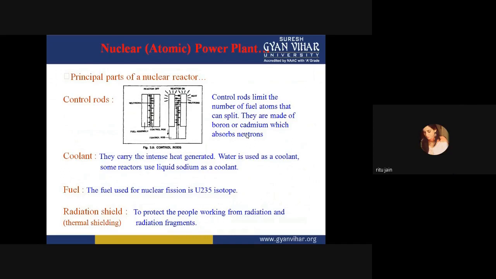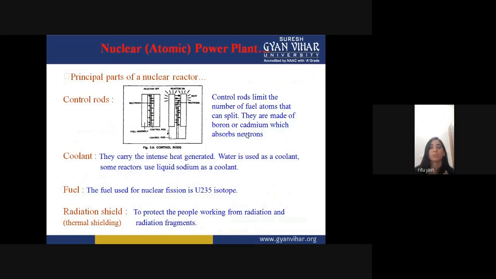So this is the difference between moderator and control rods. The moderator slows down the chain reaction, and control rods control the number of fuel atoms that can split. So as a moderator we use graphite, water, and heavy water, but as control rods, we use boron and cadmium.